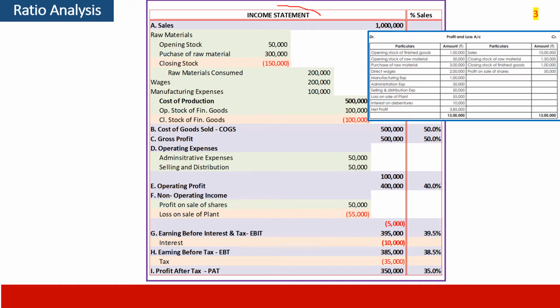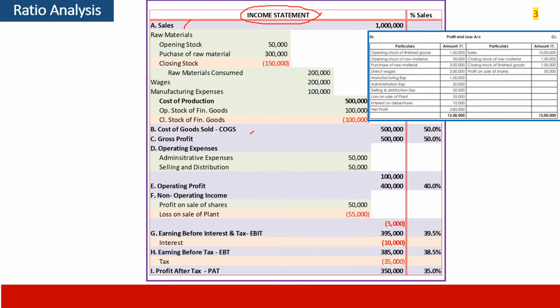Why this income statement becomes important is for the simple reason this input sheet will give you data required for every ratio that you are going to prepare. Even when you prepare a calculation of ratio, you can just visualize as to where does this come into picture.